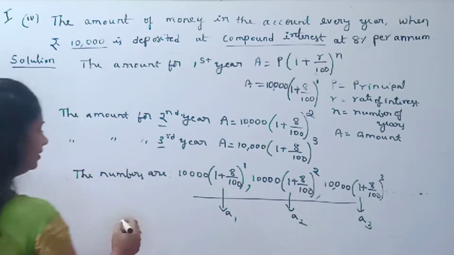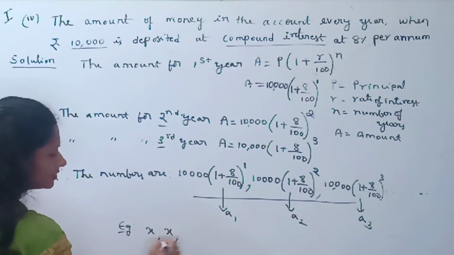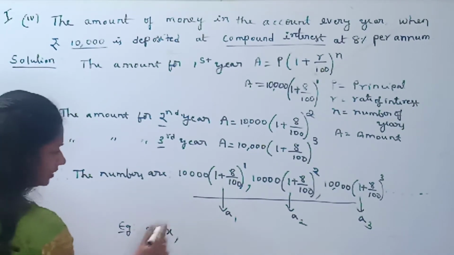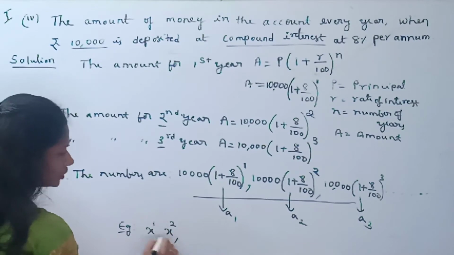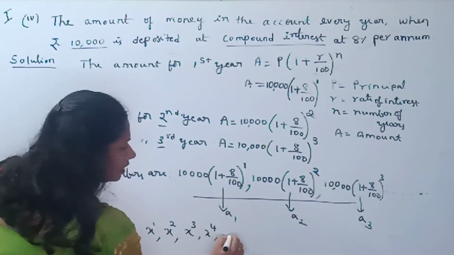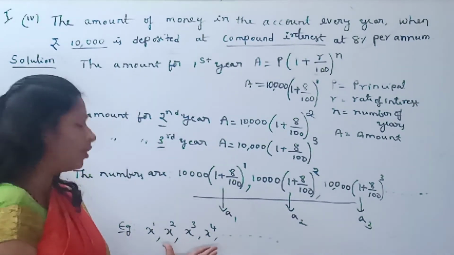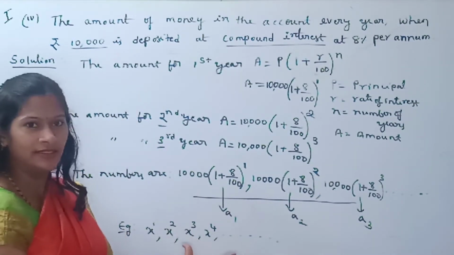For example, if the list of numbers is x, x square, x cube, that is x to the power 1, x to the power 2, x to the power 3, x to the power 4 and so on, such a list of numbers is not in the form of an AP, isn't it?